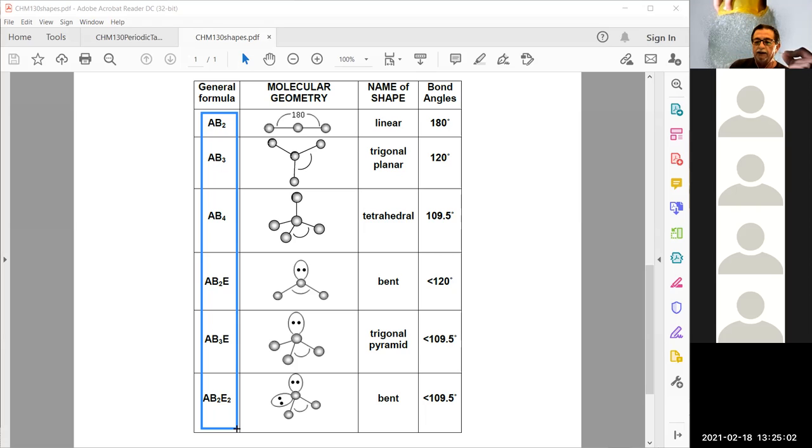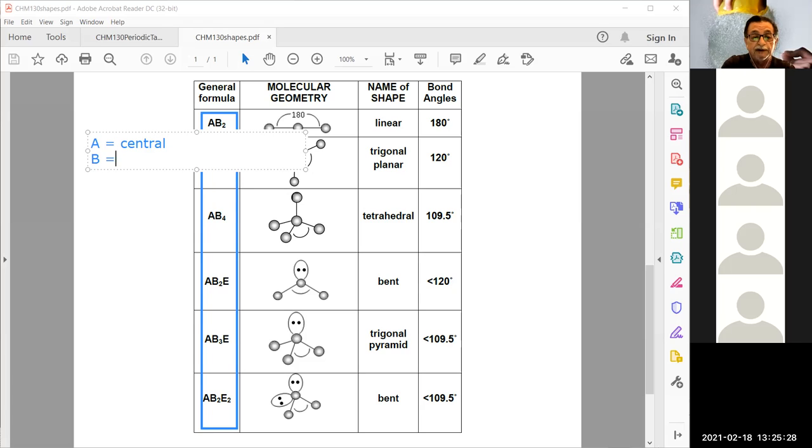A represents the central atom. You're always going to be told what the central atom is. So A equals the central atom.